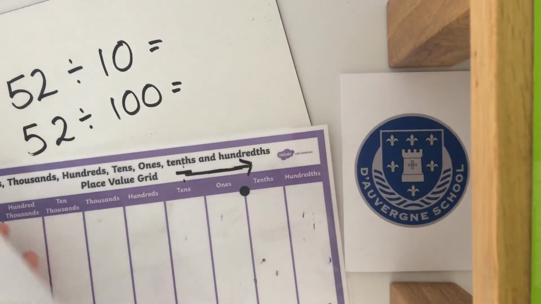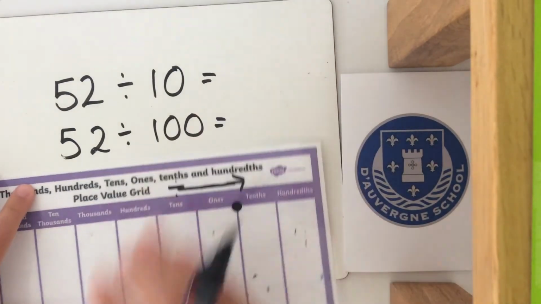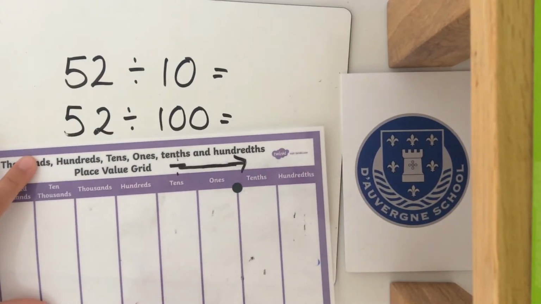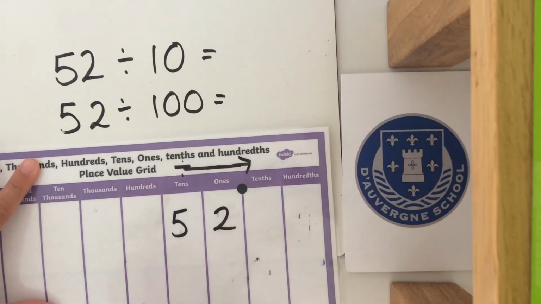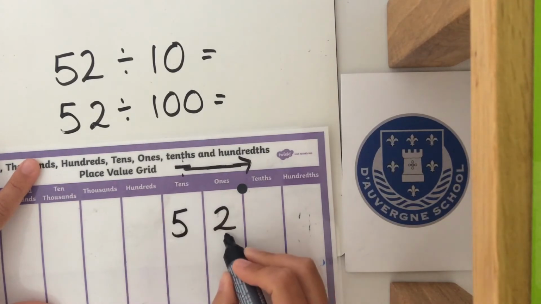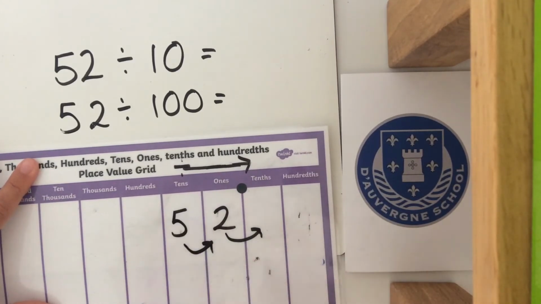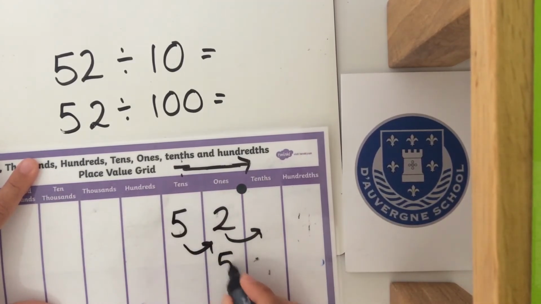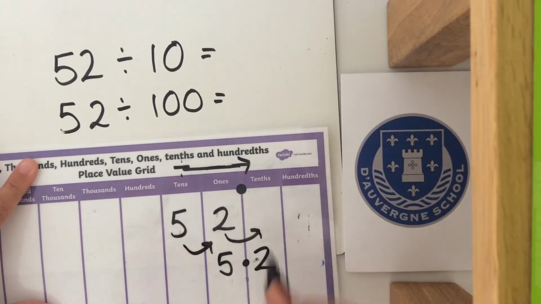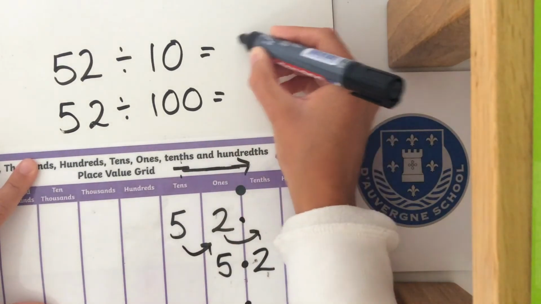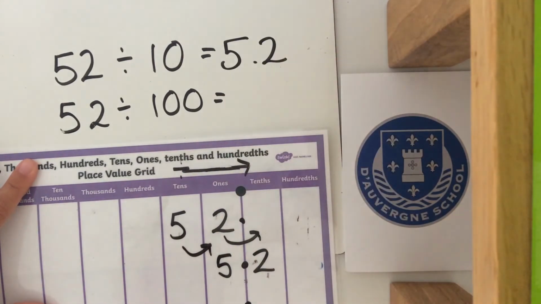We move it 1, and when we divide it by 100, how many spaces do we move it? We move it 2. Okay, so first thing I need to write 52 in, 5 10s, 2 1s. Dividing it by 10, I'm going to move each of them 1 space. Okay, so the 5 comes to here and the 2 comes to here. 5.2, remember your decimal point goes all the way down. So 52 divided by 10 is 5.2.